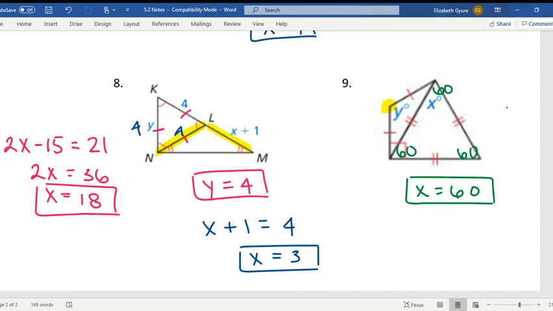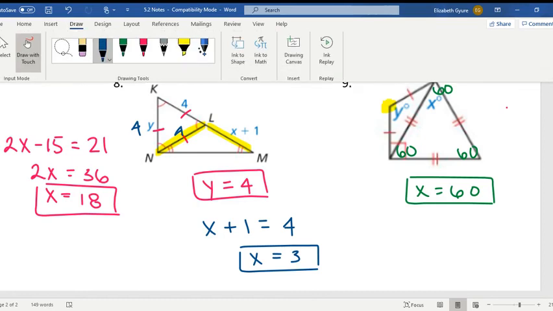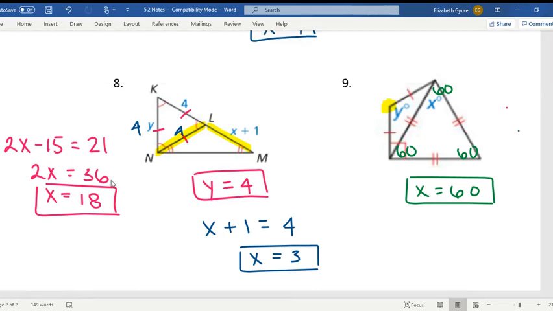Why would it be 30? Yeah, exactly. There was a right angle box here. I kind of drew over it, but there's a right angle box here. And if this angle's 60, if you do 90 minus 60, won't this angle have to be 30? Okay, so that angle's 30.